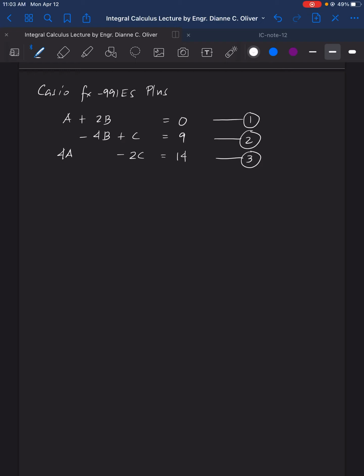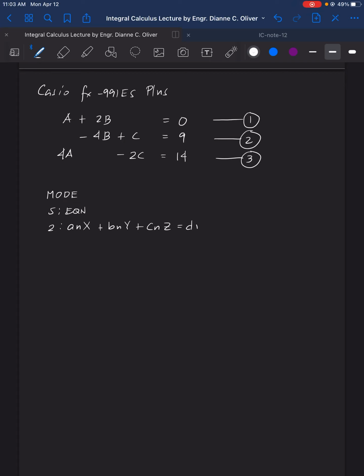Now, using your calculator, push the button mode, choose the number 5, which is the equation. Then go to the equations with 3 unknowns. So we have there number 2, which is anx plus bny plus cnz equals dn.